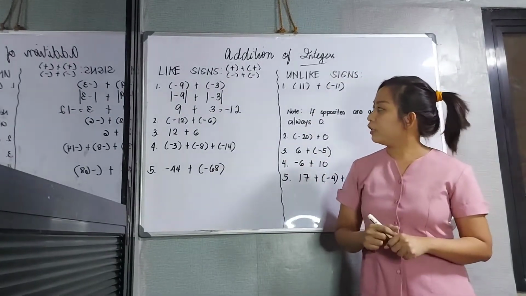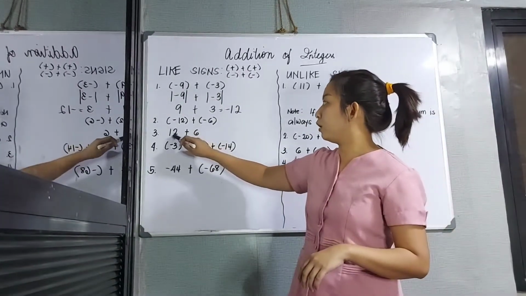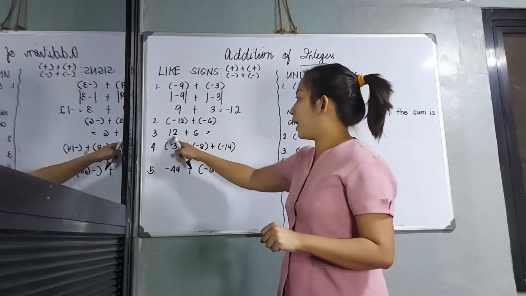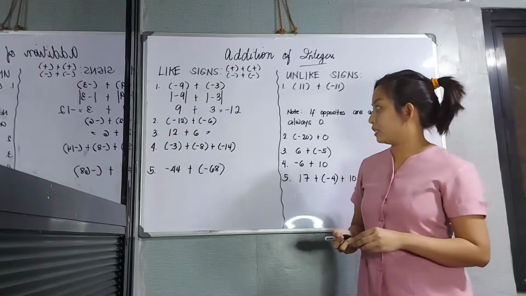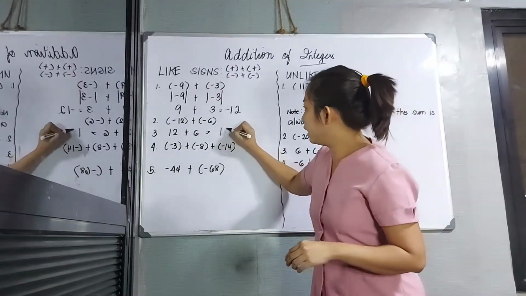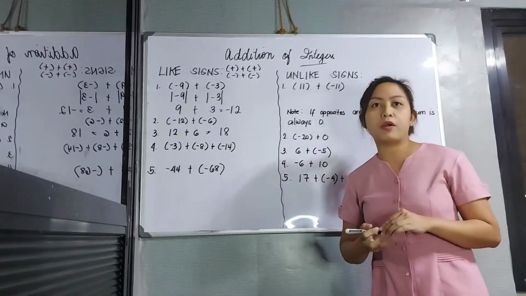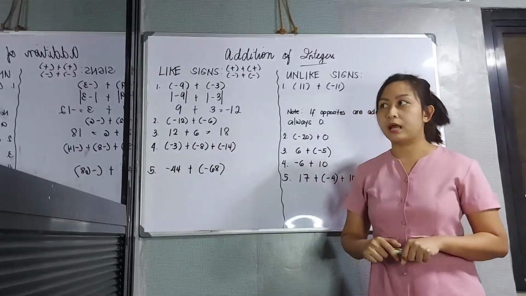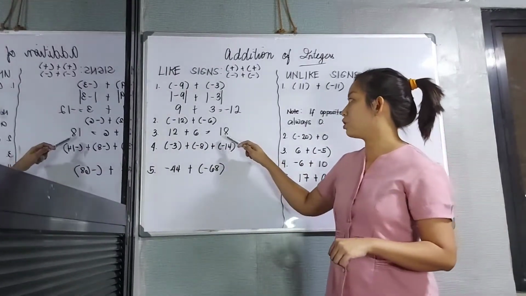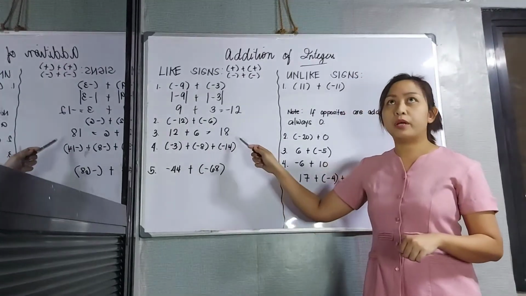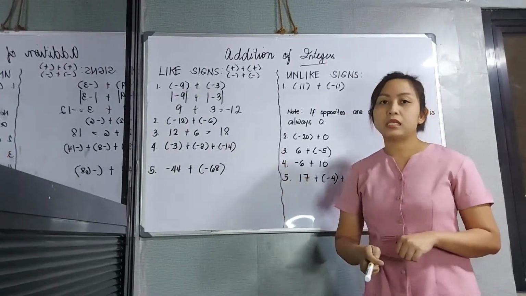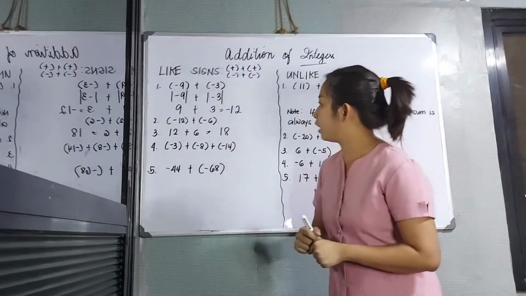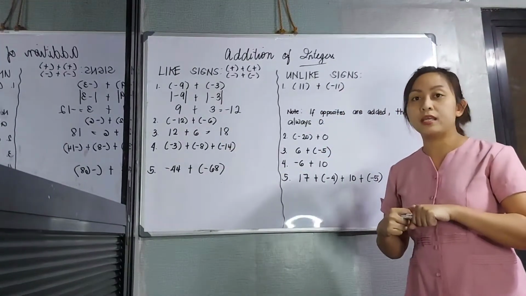If the given are two positives, like 12 plus 6, our example number 3, add the numbers, 12 plus 6 is 18, and then copy the sign. Since our sign is positive, we don't need to write positive 18. We can also write it as 18, which means positive 18.